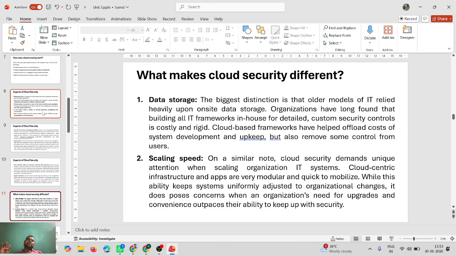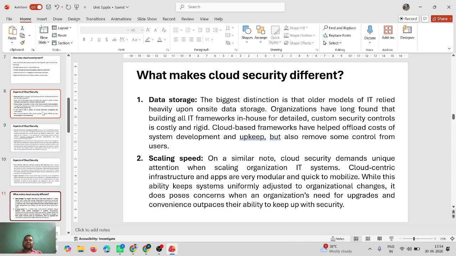They had their own storage servers, mechanisms, memories, etc. But in the cloud, everything is stored in the cloud environment. So we actually don't know where exactly the data is stored. So it is the responsibility of the service provider to protect our data from malicious attacks, theft, etc.